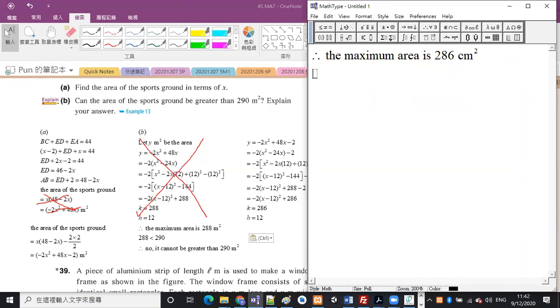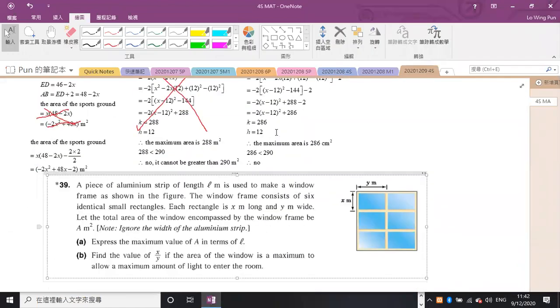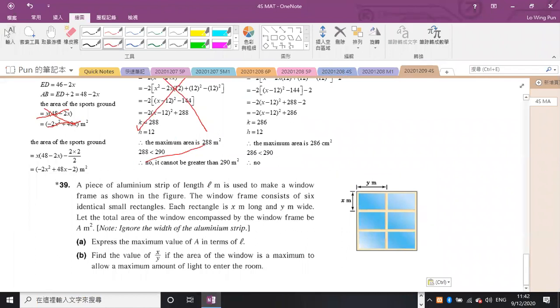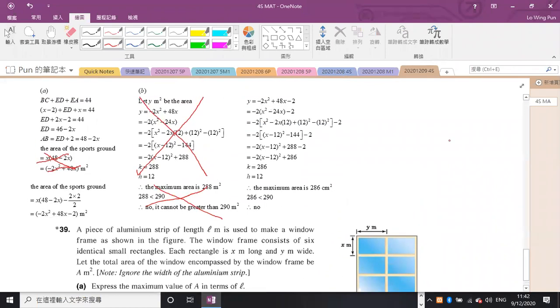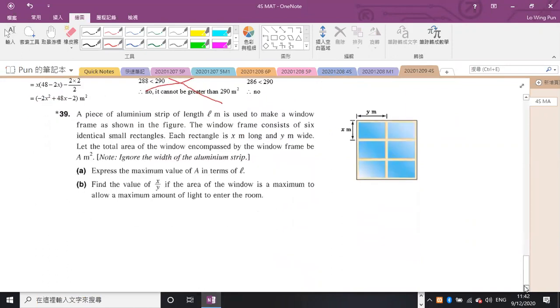Okay, but 286 is still less than 290. Okay, therefore the answer is still no. Can you get this? 得唔得？唔好意思啊，睇漏咗。OK，應該啱啦，而家。Number 39.